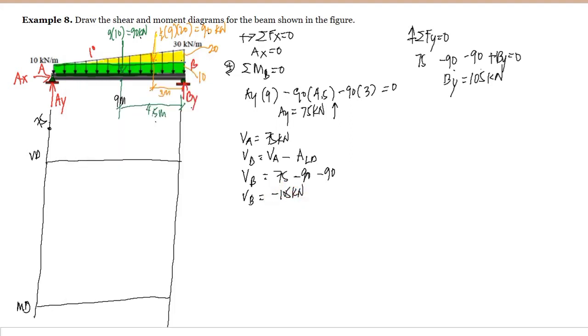In connecting the 75 and the negative 105, using the dV/dx, we have an increasing load in our load diagram. Therefore, we bend the curve accordingly. So to bend it, it goes like this.